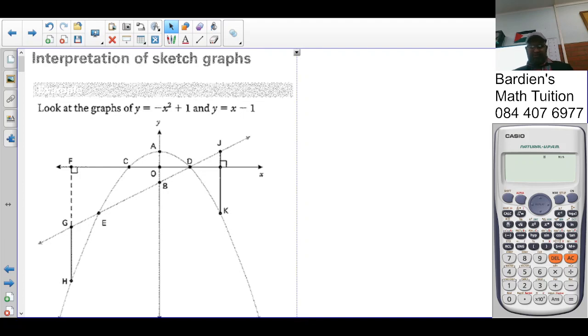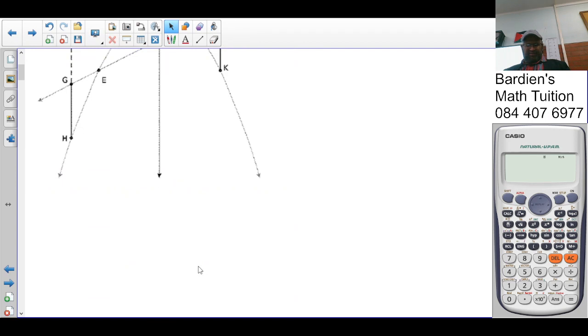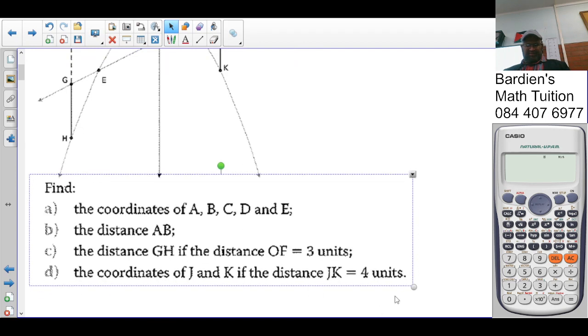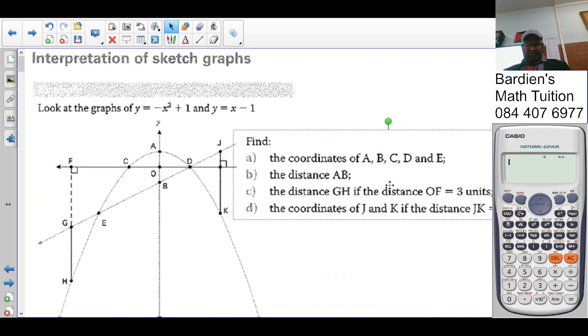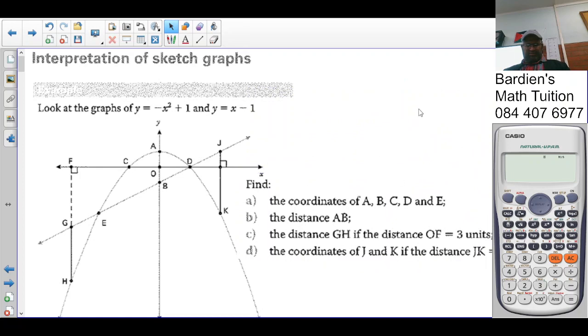This is the example on page 175. Pause the video at this point. Please write down the questions as well.